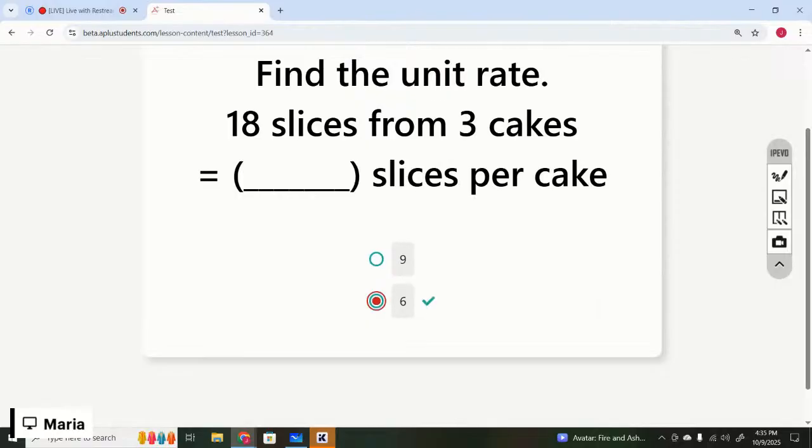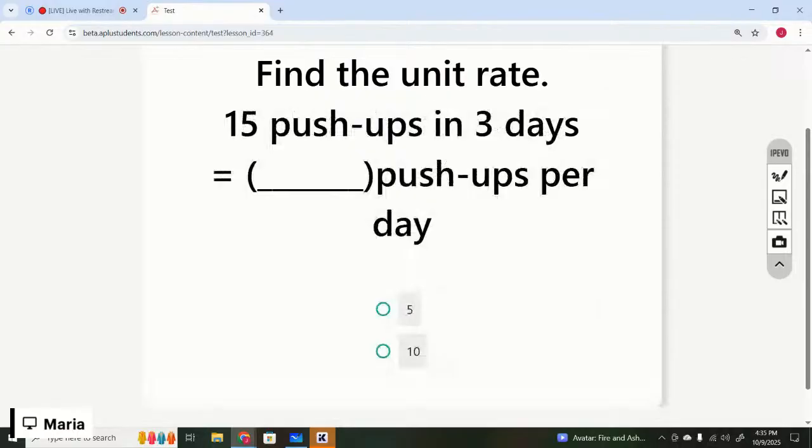That is 6 slices per cake. Option number 1 is the correct option. Find the unit rate, 15 push ups in 3 days.